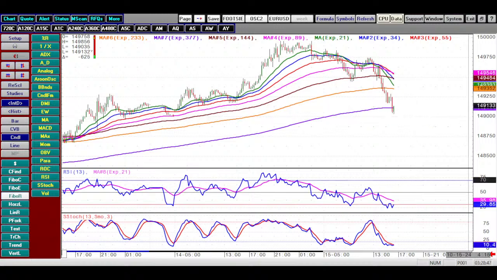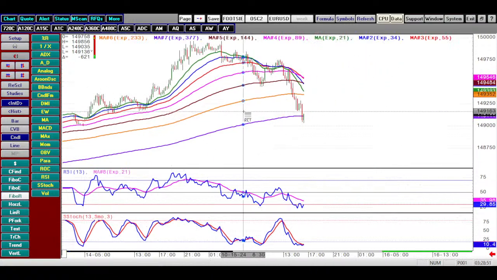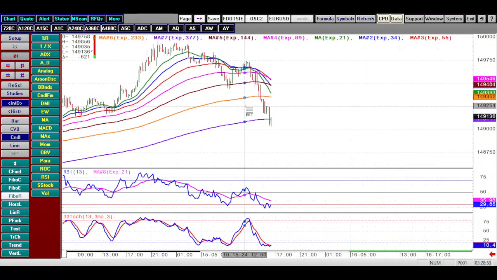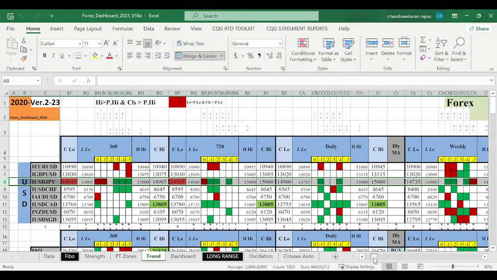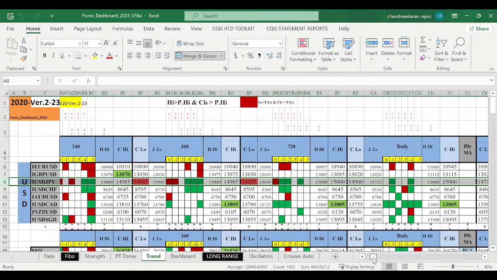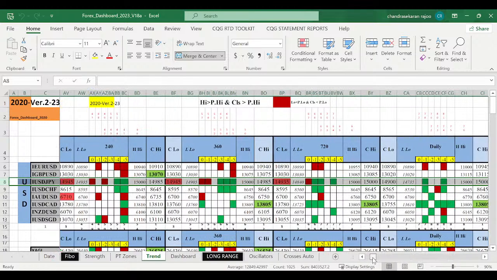148.15, and we have a stop at 148.85. All I need to see is what the time control is, and the only way is, rather than going into the chart on different time frames, we go straight into the so-called trend map.